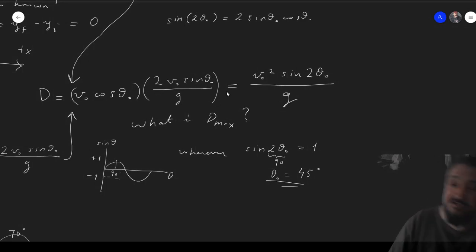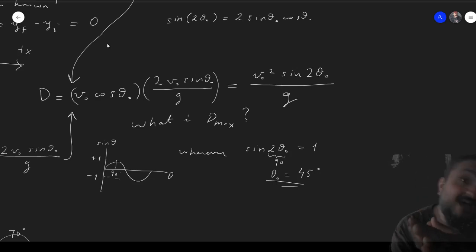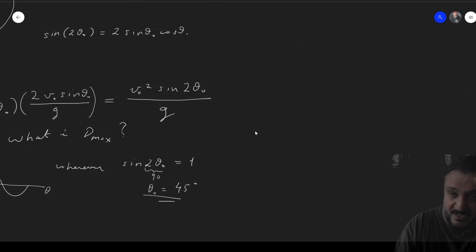Instead of using sine 2 theta, you can consider the product sine times cosine. From trigonometry, remember that we have complementary angles. Take 30 degrees, for instance. The angle that completes 30 to 90 is 60. Sine 30 will be equal to cosine 60, which you can actually see from the triangle.